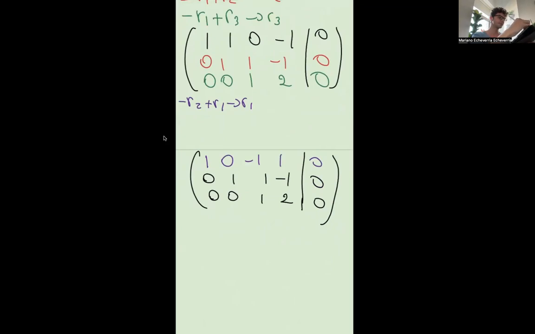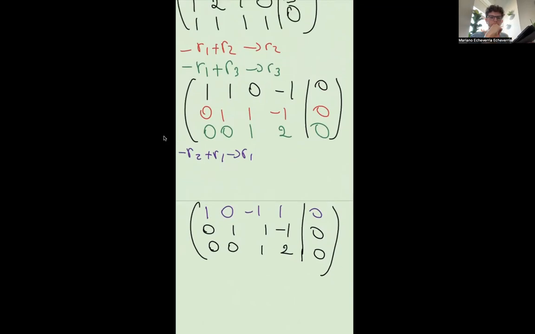I just need to put some zeros in here. Oh, this one, you're right. You mean okay, thanks. So I'm doing minus row 2 plus row 1. This is why I think I got a minus 1 here, but this becomes a 1, so it becomes 0, right? Is that what you meant?